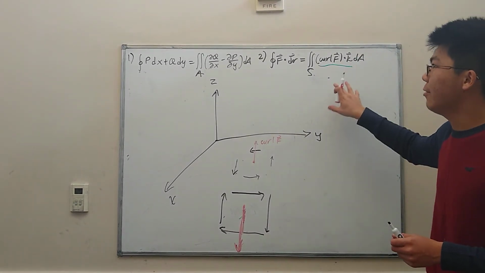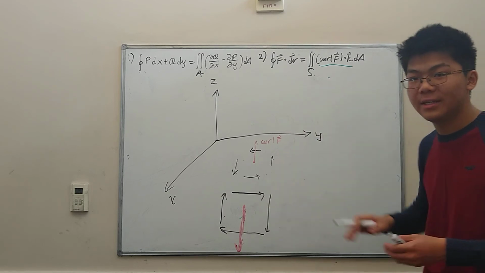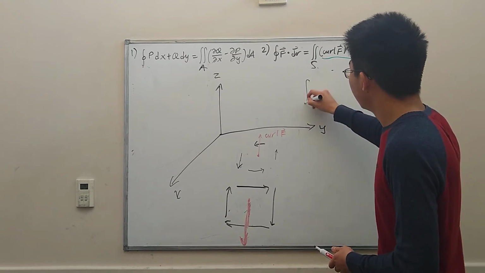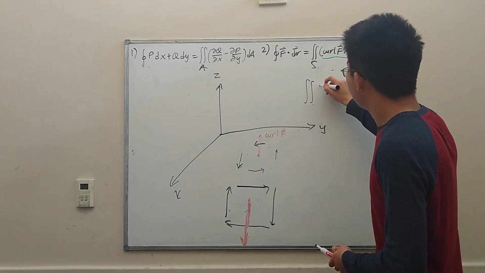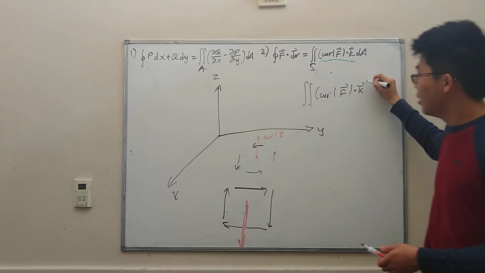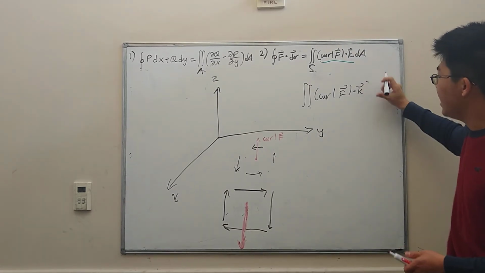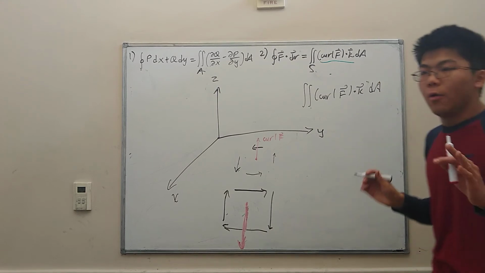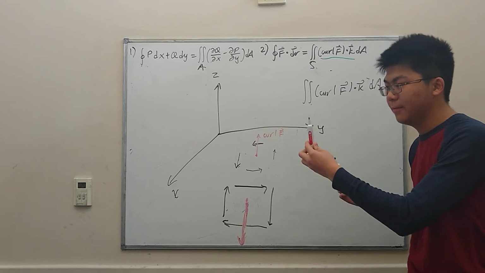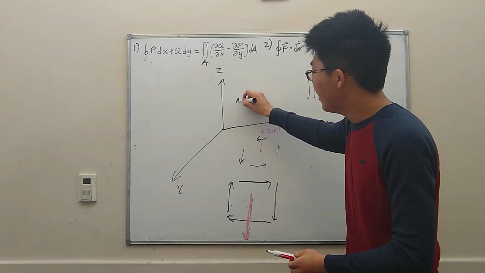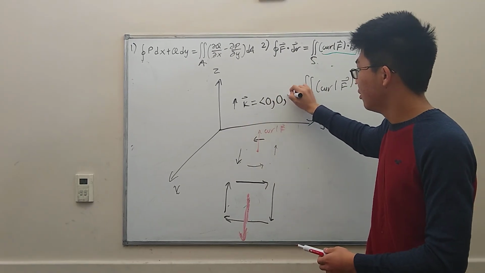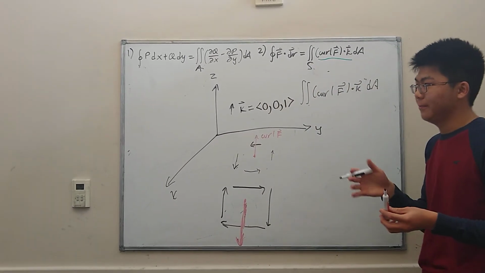Now, let's take the area integral again over this region. So, when we do curl of f dot k over dA right here, we have this short curl vector times the normal vector k, which is just the unit vector.